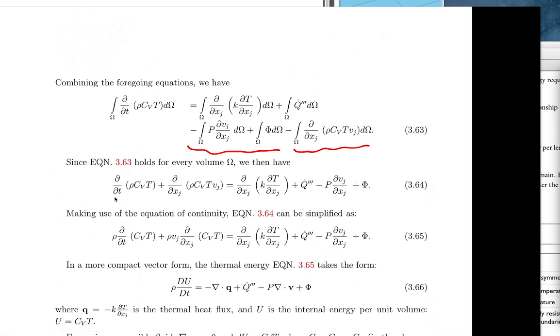Then we have the rate of change of the internal energy, and then the convection of that energy is now equal to the heat flux that is passing through the surface, given by the divergence of k times the gradient of T, and then the energy that is generated inside the material could be due to chemical reactions, or could be due to electromagnetic heating, for example.